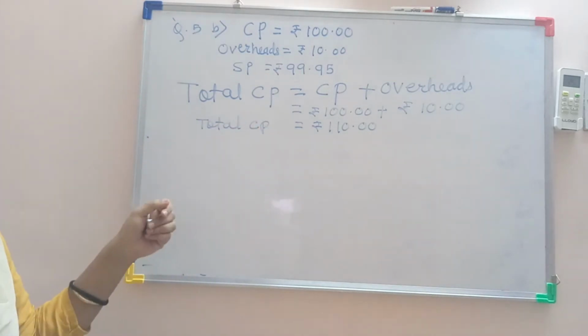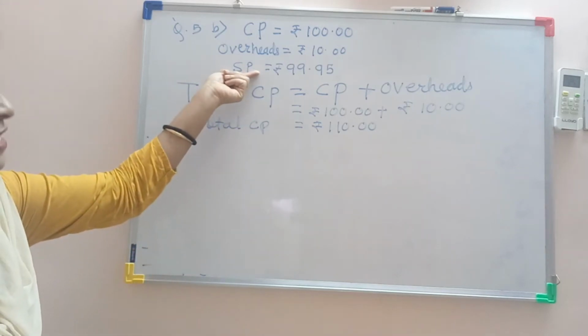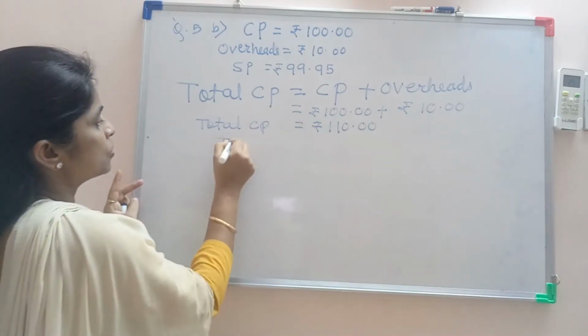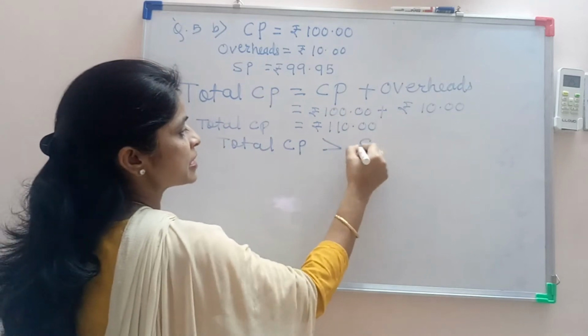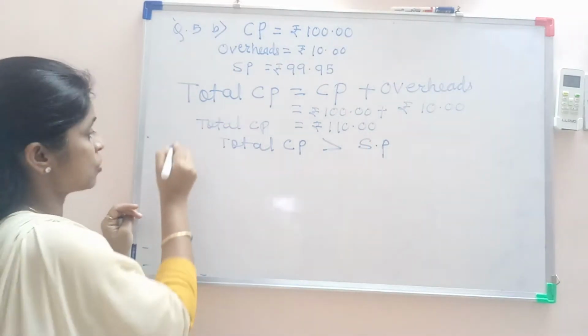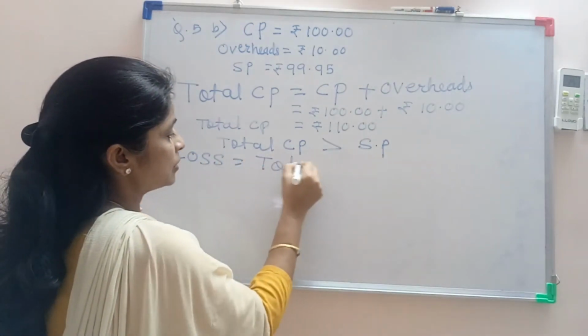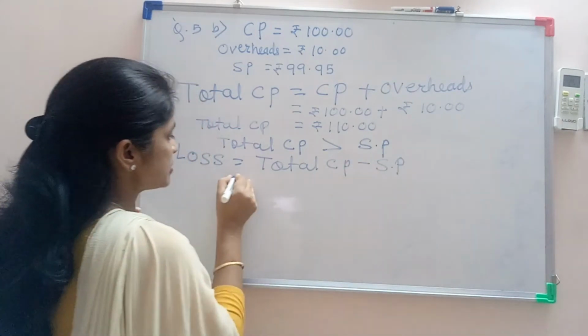Okay. Now we will compare total CP with selling price. Now we will see which is greater. Here total CP is greater than selling price SP. So what will be there? There will be loss, and loss is equal to total CP minus selling price.